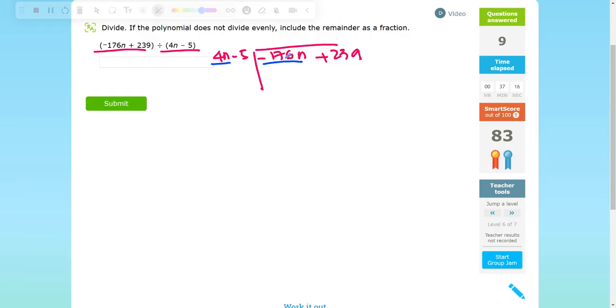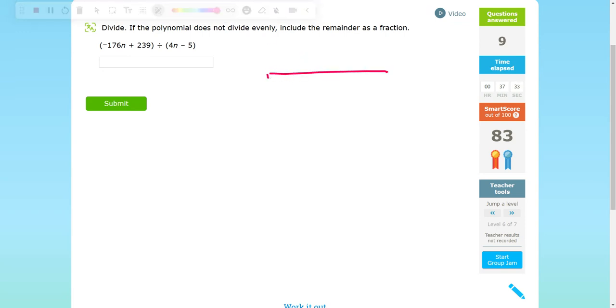I'm running out of space here, so let's rewrite it a little bit lower so we have enough space. 4n subtract 5, negative 176n and plus 239.